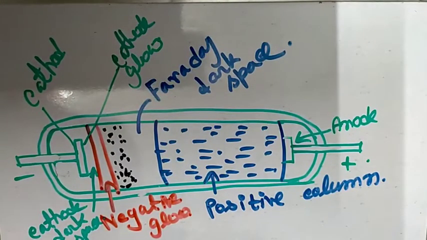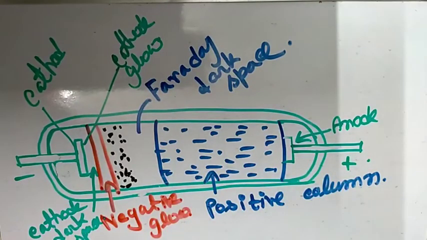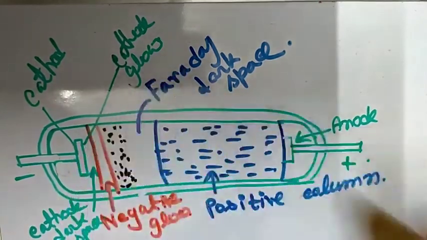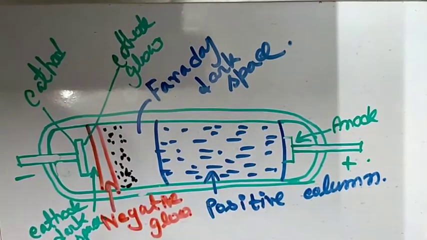So when an electric current flows between electrodes in a gas at approximately 1 mm pressure, cathode glow is produced very closely to the cathode, followed by cathode dark space, Faraday's dark space, and the luminous positive column.